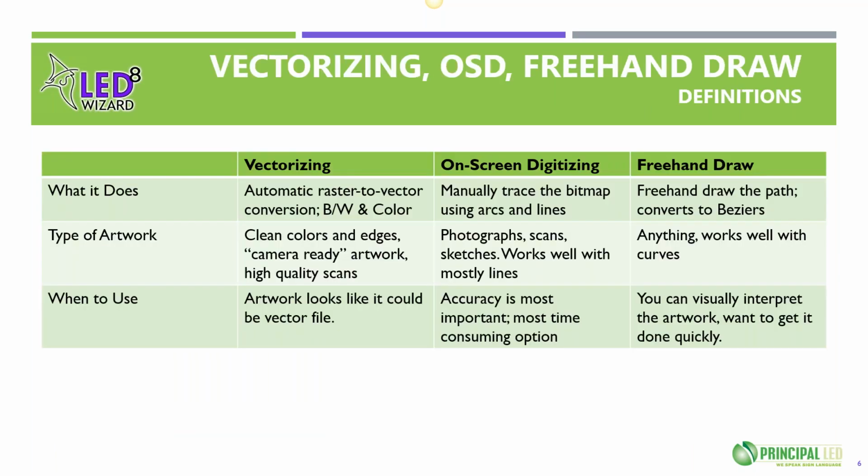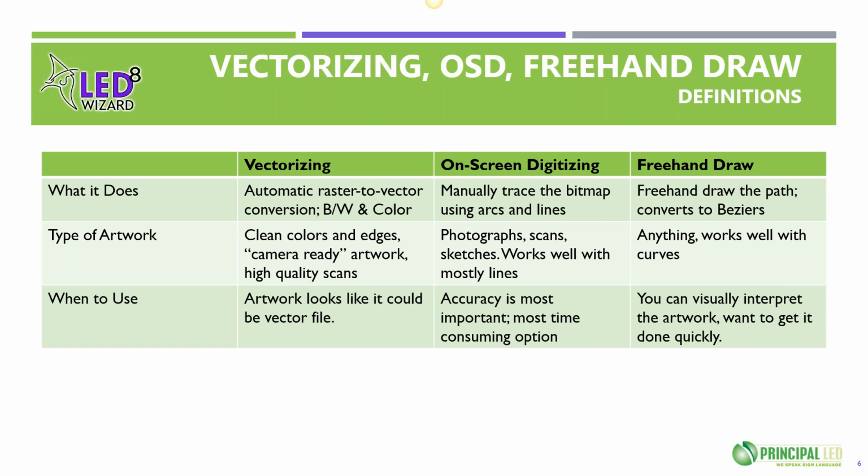Okay, so let's start with a few definitions, just to explain what these three things are and how they're similar and how they're different. Vectorizing is a technology that has been around for a long time. It was part of our early versions of SignWizard, 25 plus years ago.